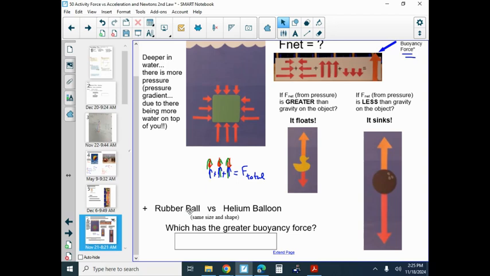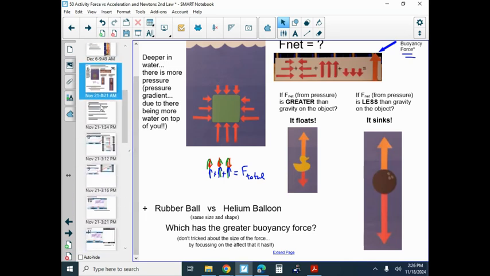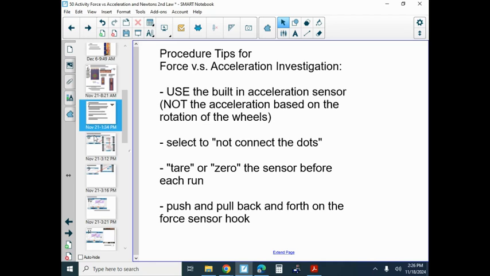The difference is the amount of gravity force on it, because if they're the same shape, they're going to have that same pressure difference upwards. So don't be tricked about the size of the force based on the effect. You have to consider all the forces in order to judge all the information.